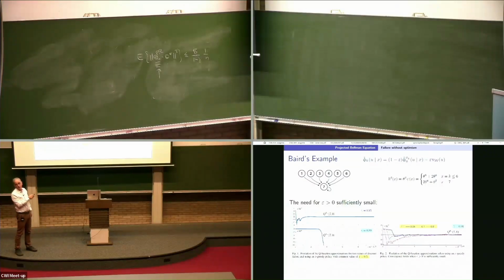And if epsilon's 1, it's unstable, as Baird showed. But if I put in this smooth approximation of epsilon greedy, it stabilizes. And you can imagine making epsilon smaller and smaller, you do better and better. But what happens is you get an incredibly ill-conditioned problem because epsilon equals 0 is meaningless.